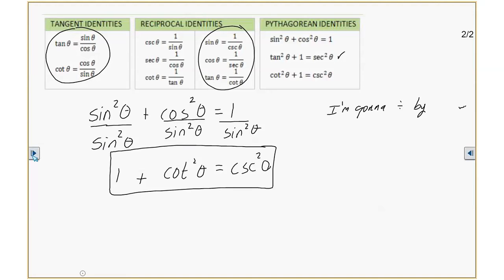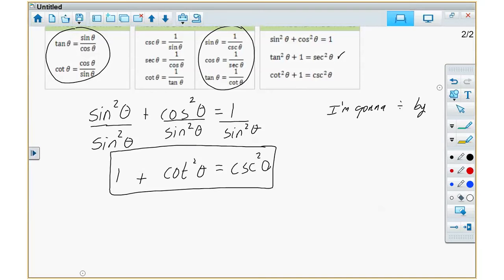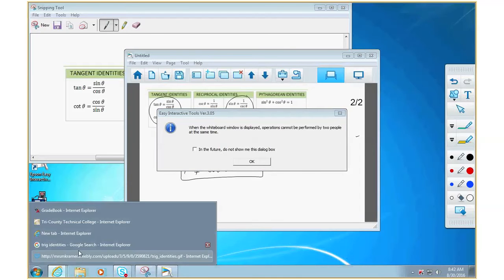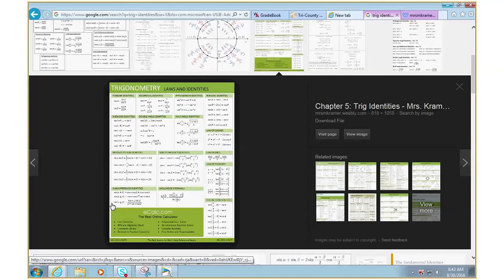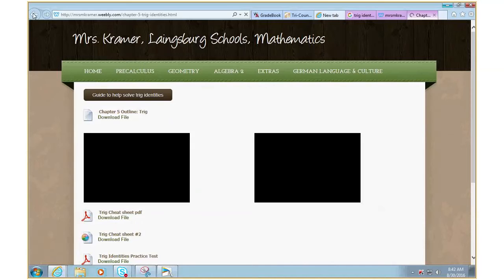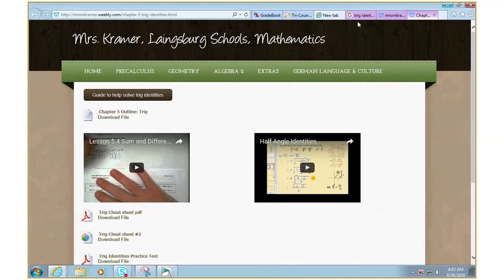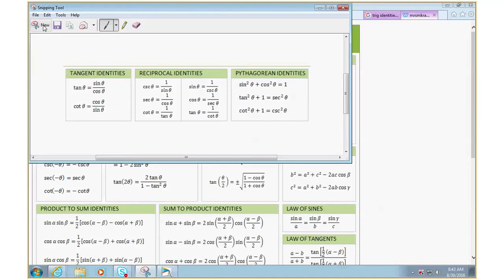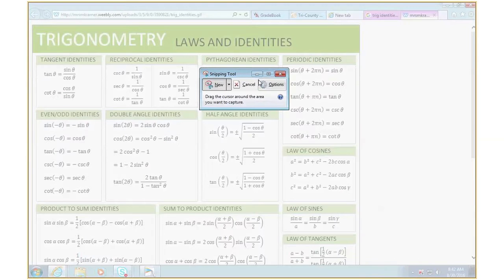Okay? I wrote my own notes today. Aren't y'all proud? Now, there's also the negative identities that I didn't copy down. Let me show you those right quick. Let me get out of this and pull that up. These right here. Oops, sorry, Miss Kramer, whoever you are. There we go.